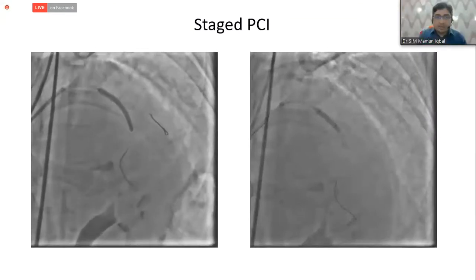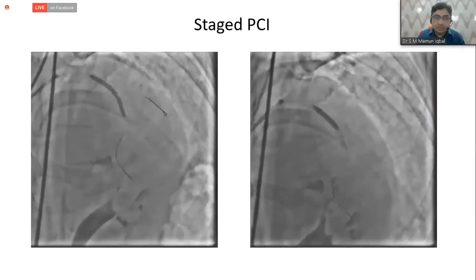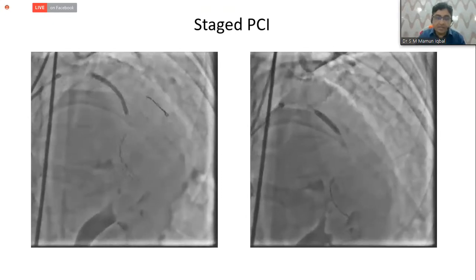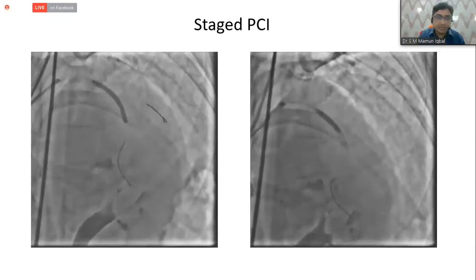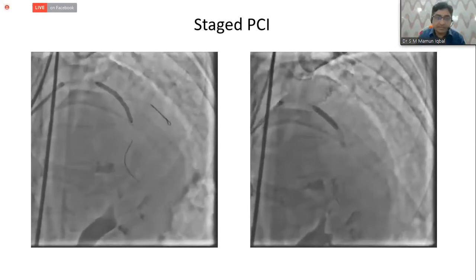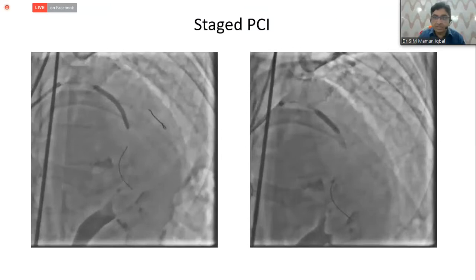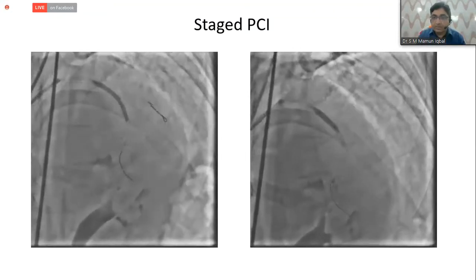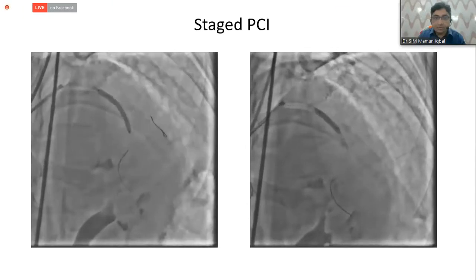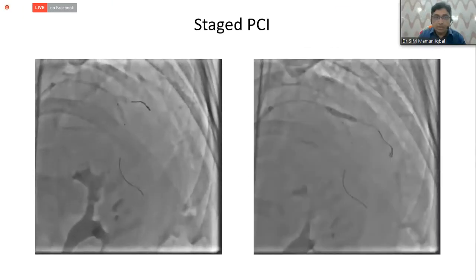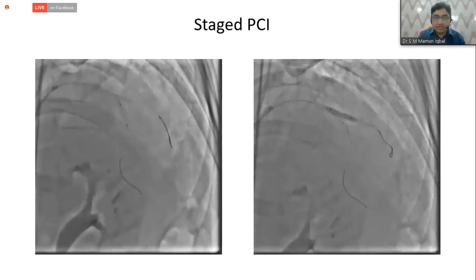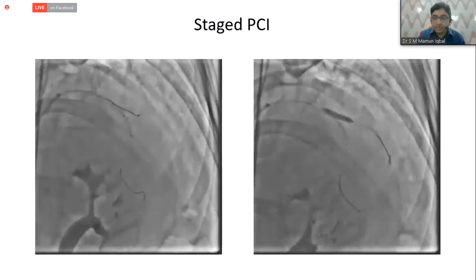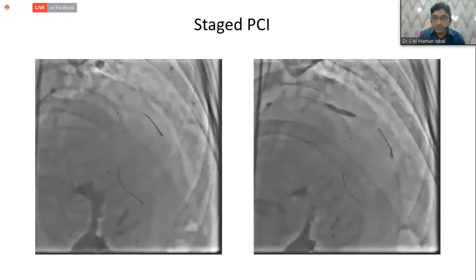We then deployed a 3 into 32 millimeter drug-eluting stent in the LAD and inflated at 16 atmosphere. This deployment acted as a second crush of the diagonal stent. We did the POT with a 3.5 into 15 millimeter balloon. After doing the POT, we recrossed the diagonal stent with the BMW wire and opened up the ostial strut of the diagonal.